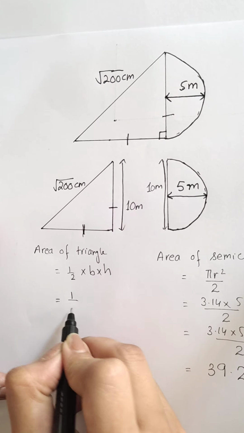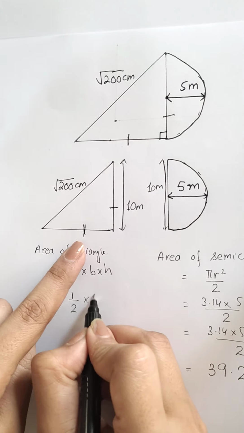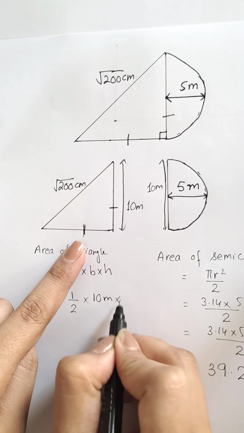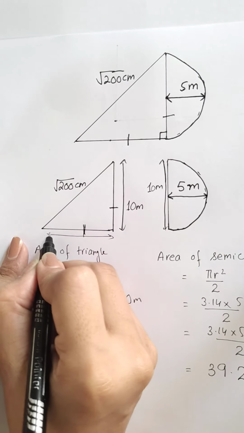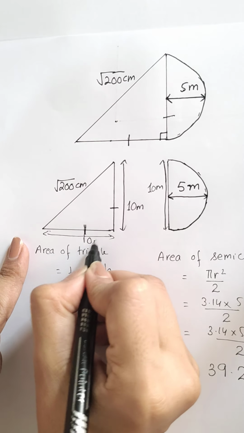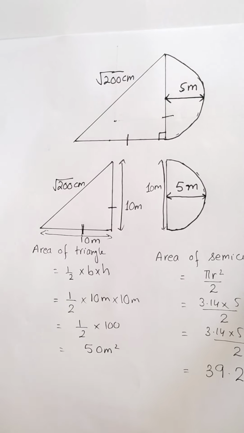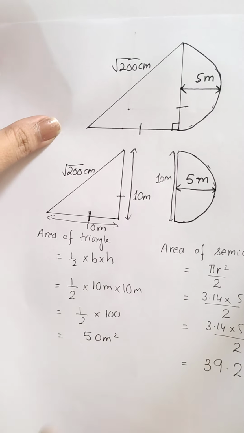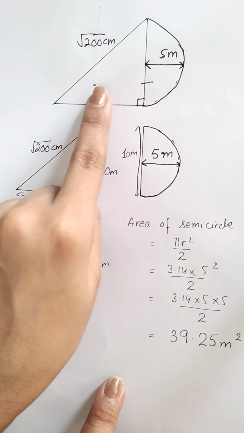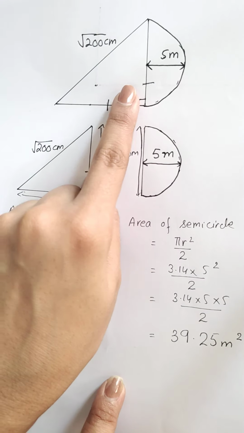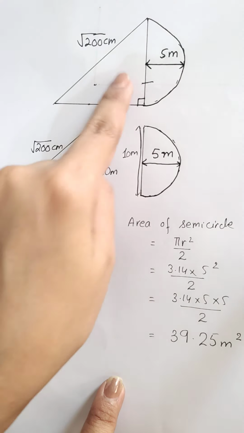Now I will put the values. The base is 10 meter and the height is again 10 meter. After simplification I get the answer 50 meter square. Our picture is the combination of a triangle and a semicircle. First we found the area of the triangle and the semicircle.